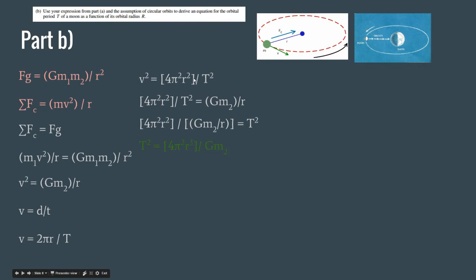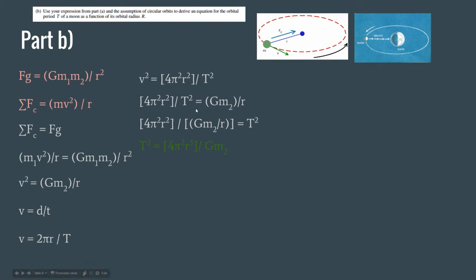Simple stuff. That comes from the 2 pi r over t. And we're going to plug this v squared in for the v squared that we got out of our force of gravity and net centripetal force equation. And we're going to set 4 pi squared r squared over t squared equal to g m2, where m2 is the mass of Saturn, over r.